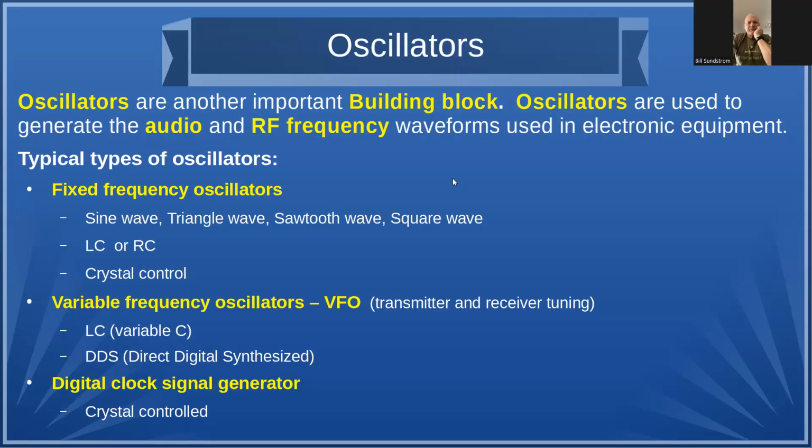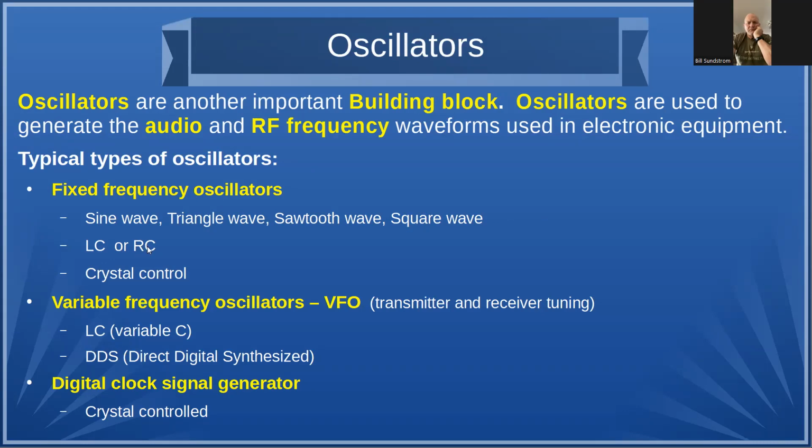All right, the next major thing are oscillators. And we really wouldn't get very well without an oscillator. It allows us to generate an audio or a radio frequency waveform. And like I said, we had two types. We have fixed frequency. In a lot of cases, they can generate sine waves, triangle, sawtooth, square waves.